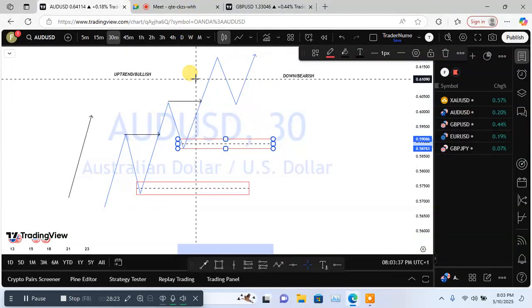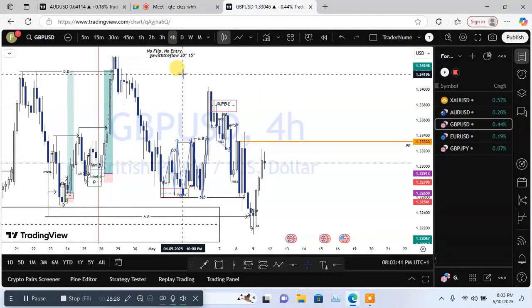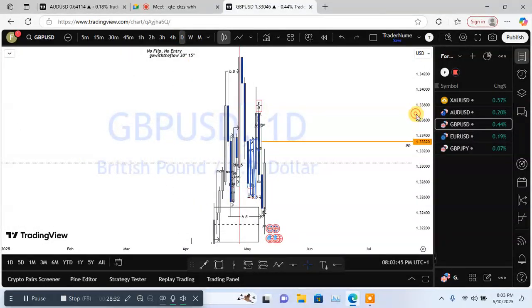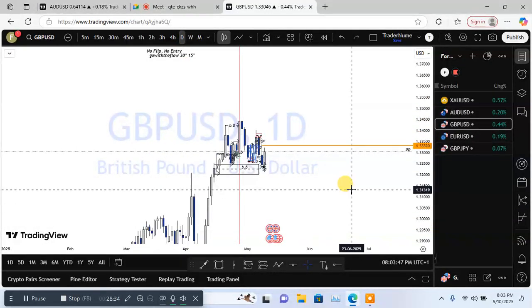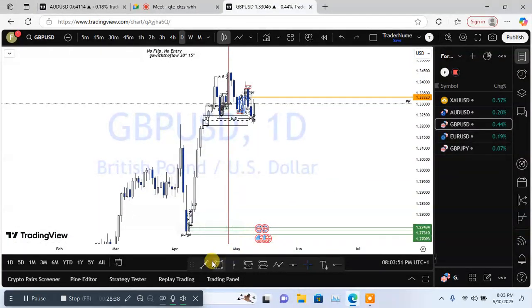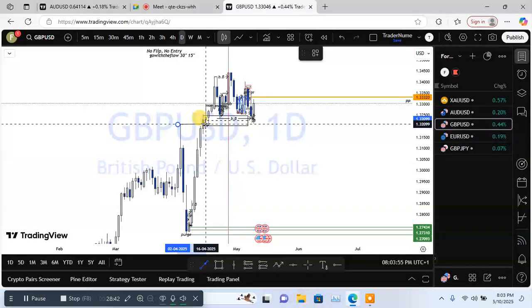But if we are looking from the higher time frame perspective, like a daily time frame for instance, because we are doing top down analysis, look at what happened here. You see that price has broken this high on our daily time frame.